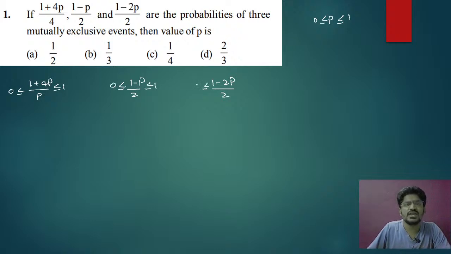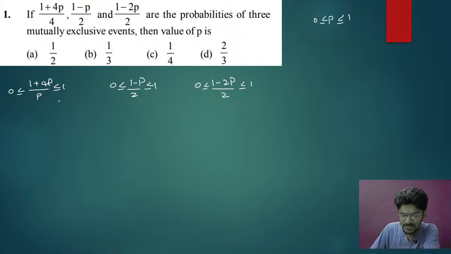Here also we have the inequality from 0 to 1, because all three events are given differently and they are mutually exclusive, and the probability of each event must be in between 0 and 1. So for that we have to solve 1 plus 4p divided by 4 from 0 to 1.